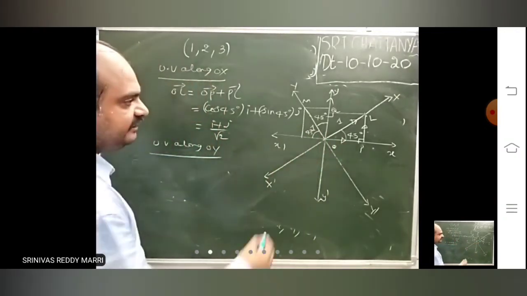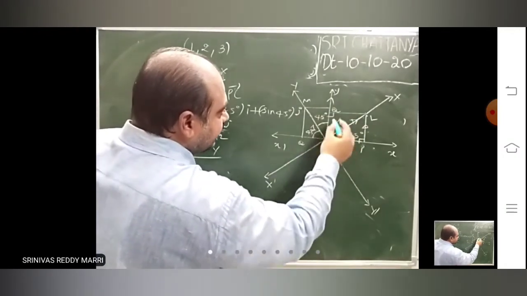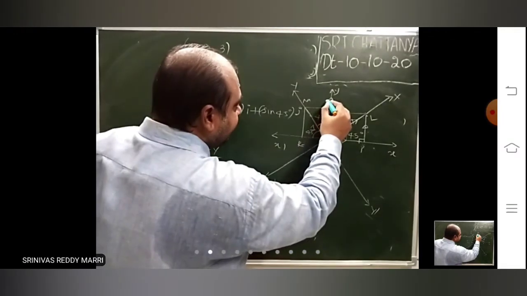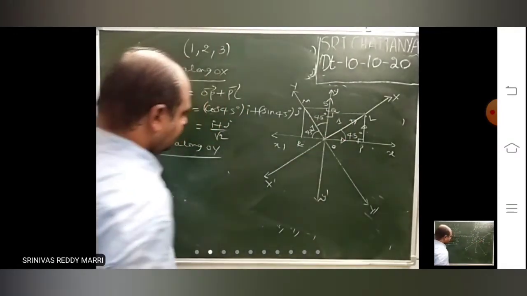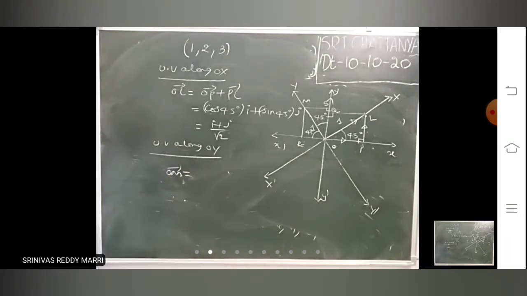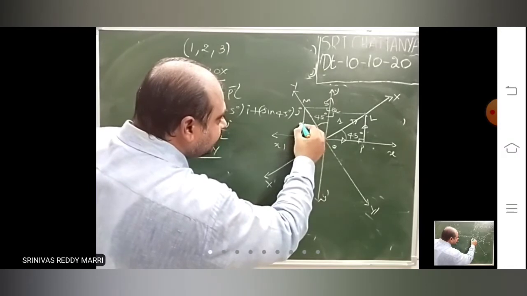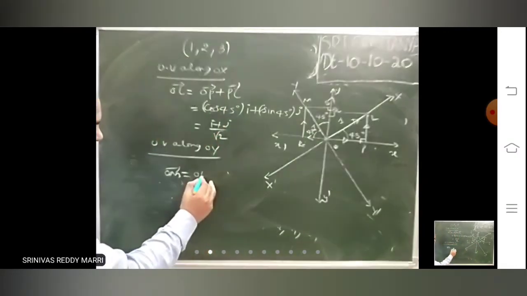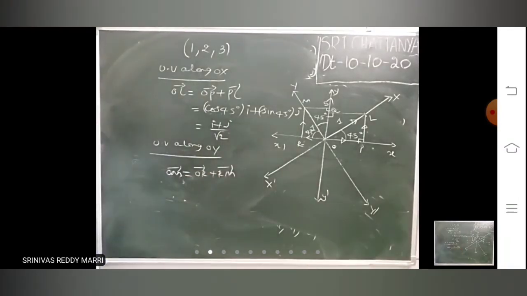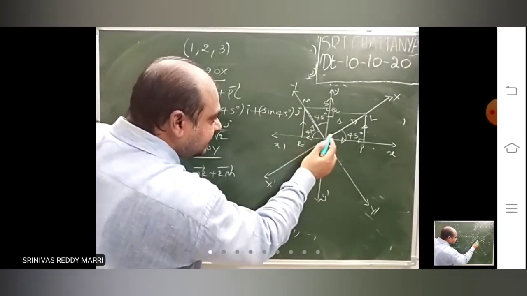So let us say this is Q, this is some R, this is some S. Perpendiculars. So now I want OM bar. OM bar is nothing but OR bar plus RM bar.